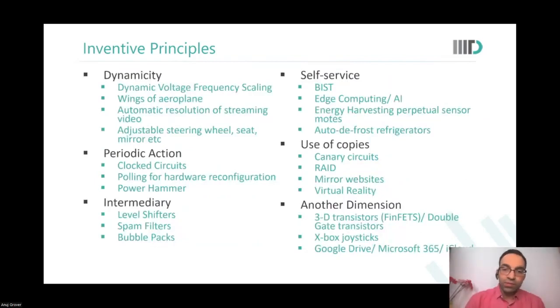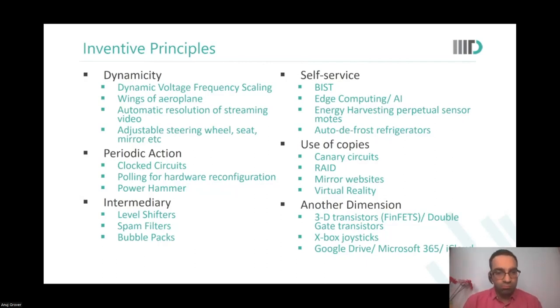Other common inventive principles: dynamicity, change the way the system is operating. We use it in aeroplanes, we use it in chips where we talk about dynamic voltage and frequency scaling. When YouTube senses that your bandwidth is low, it automatically reduces the resolution of the video as it streams it to you. So we see this dynamicity principle also very commonly used.